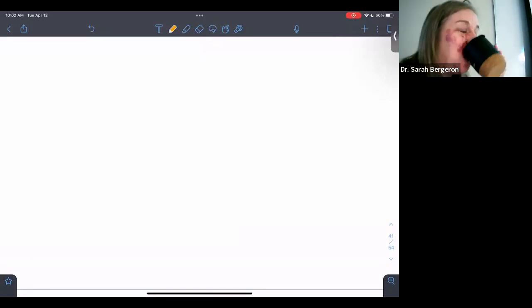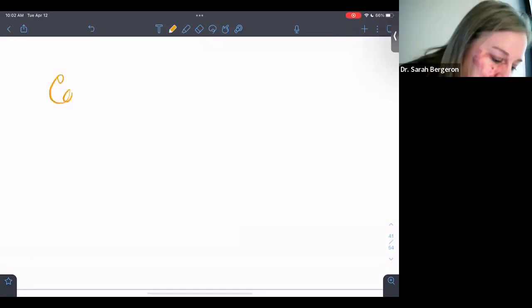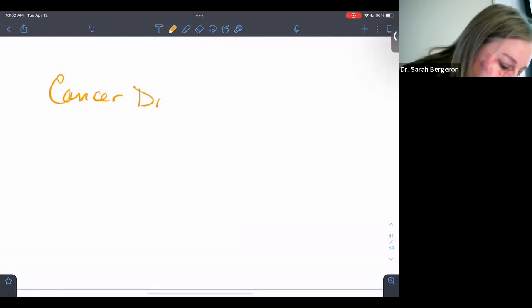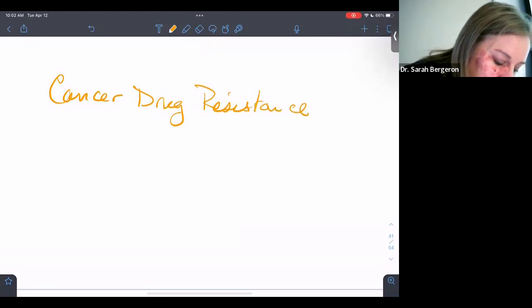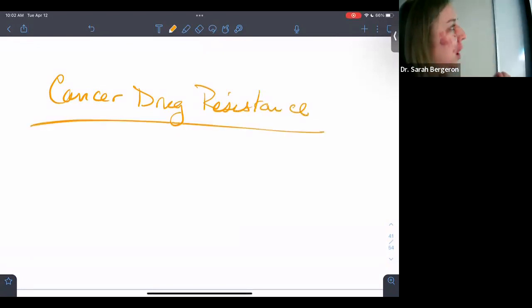Let's talk about that. So now you have to think very specifically, biochemically, about why would cancer cells become resistant to these super toxic drugs that you were putting into the person's body.